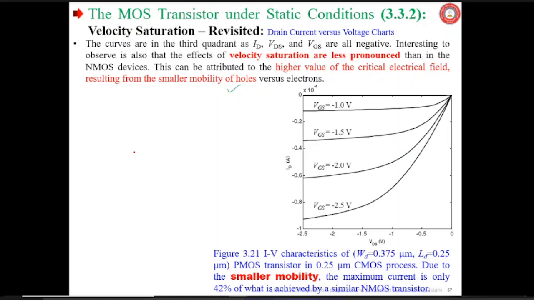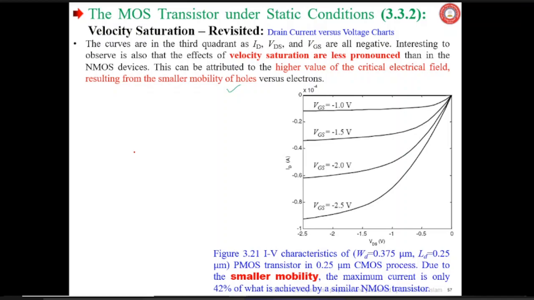Here in this plot, what is the interesting thing? Interesting to observe is also that the effects of velocity saturation are less pronounced compared to NMOSFET. Why? This is attributed to the higher value of critical electric field resulting from the smaller mobility of the holes. We have said today only that mu n is greater than mu p by 2 to 3 times, and we have seen the plot also of mobility.